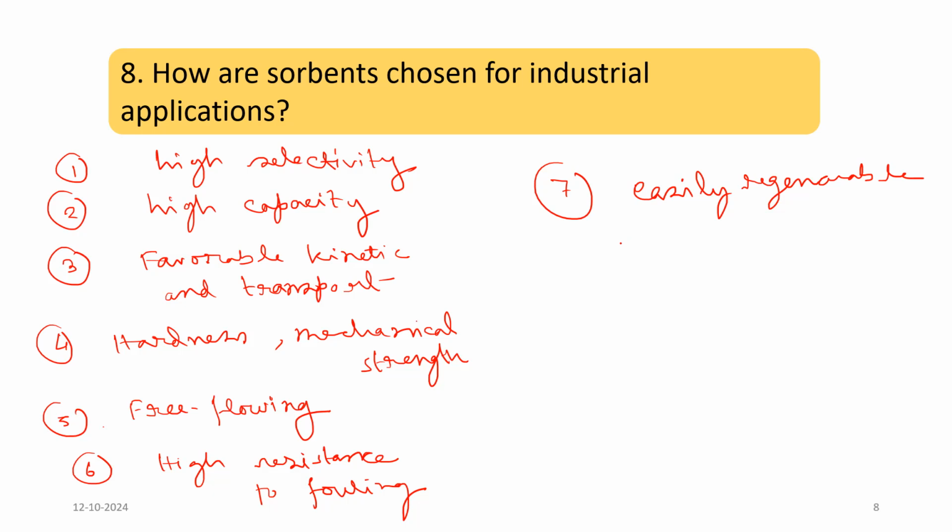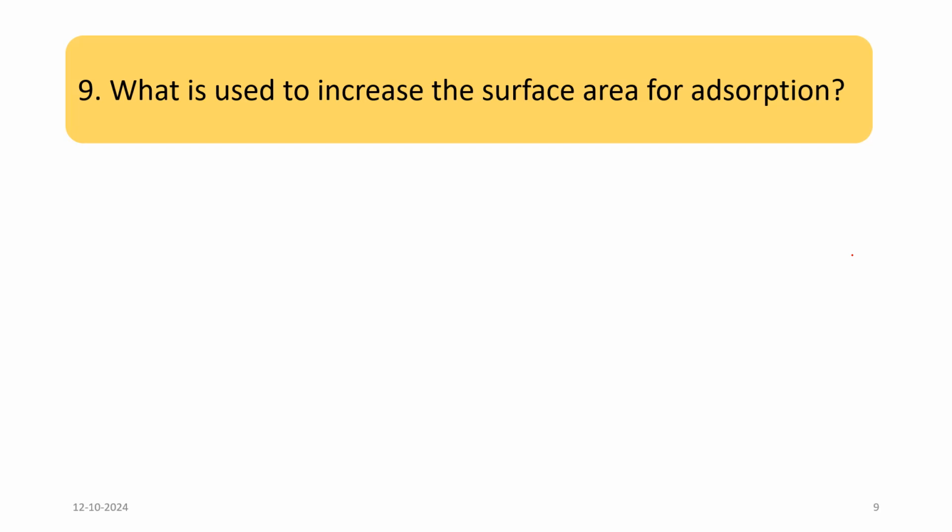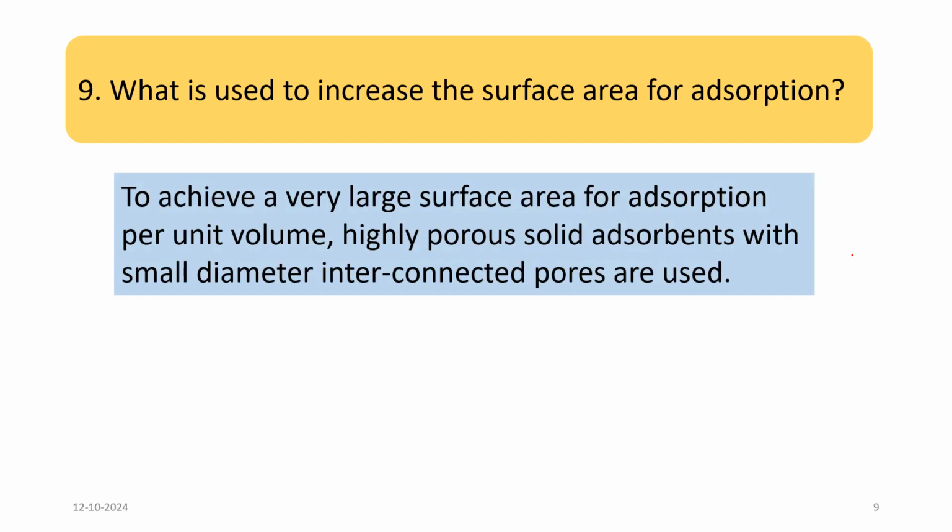What is used to increase the surface area for adsorption? To achieve a very large surface area for adsorption per unit volume, highly porous solid adsorbents with small diameter interconnected pores are used. Okay. So suppose this is a surface of a solid.